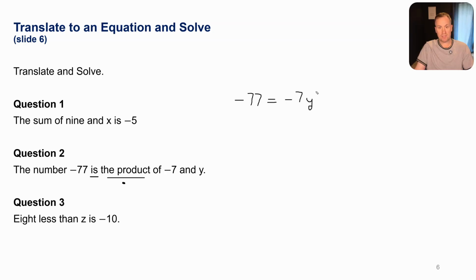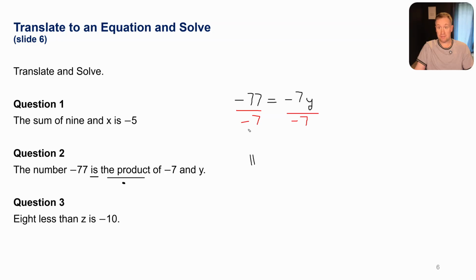So now I have this multiplication relationship. To undo this, to get the y by itself, we would divide by -7 on the right side and -7 on the left side. And we would get -77 divided by -7. 77 divided by 7 is 11.